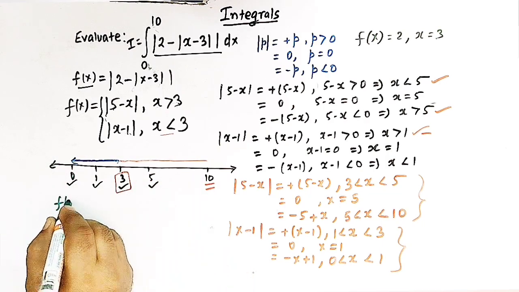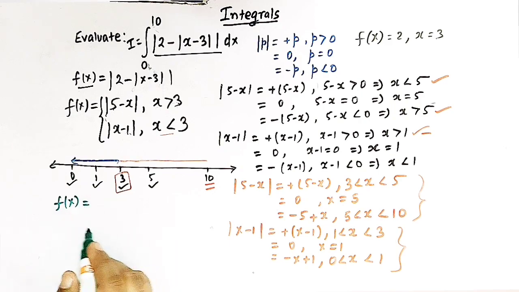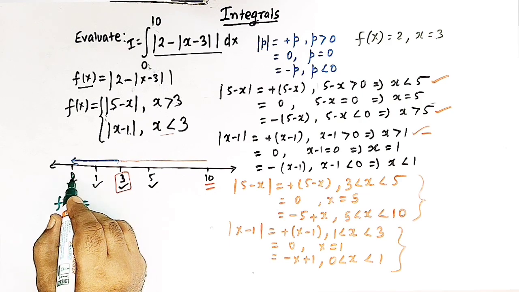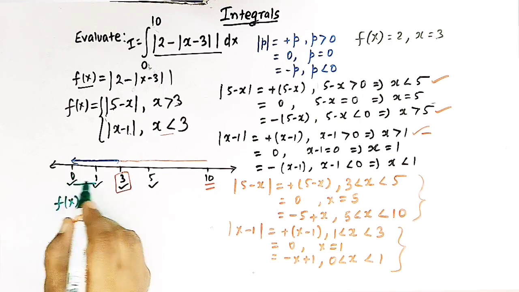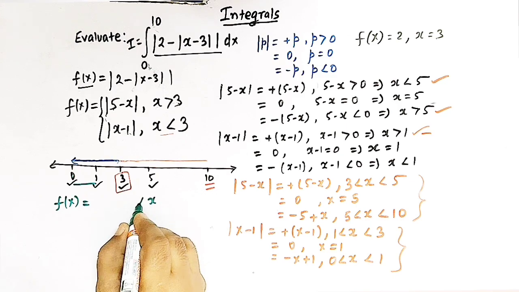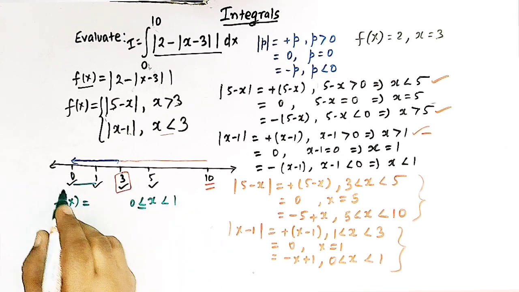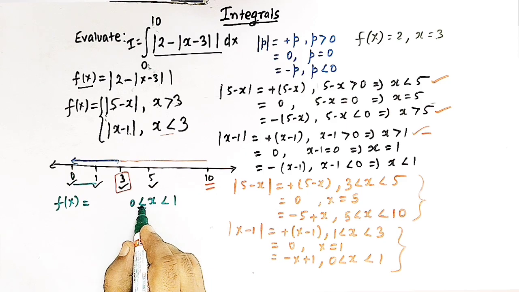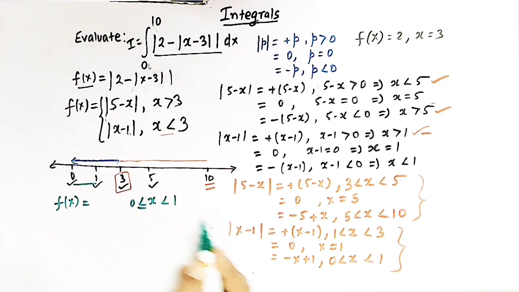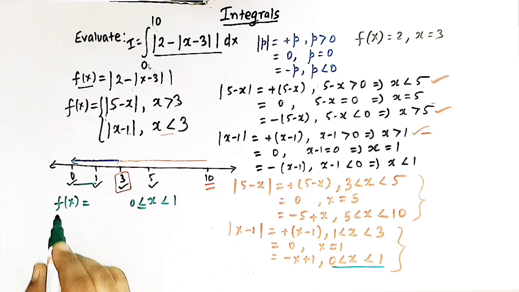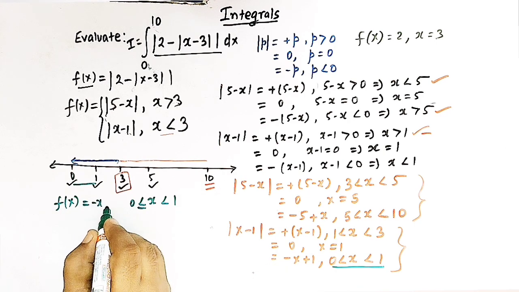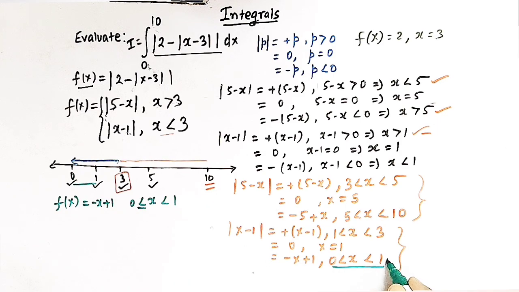So here we'll write f of x, and first we will consider this interval, that is 0 to 1. So here we have x greater than or equal to 0 but less than 1, right? So when x is greater than 0 and less than 1, we have the form of f of x is equal to a negative x plus 1, right?